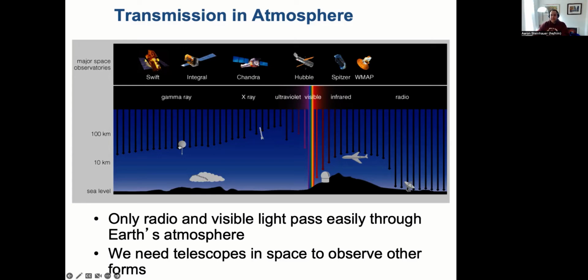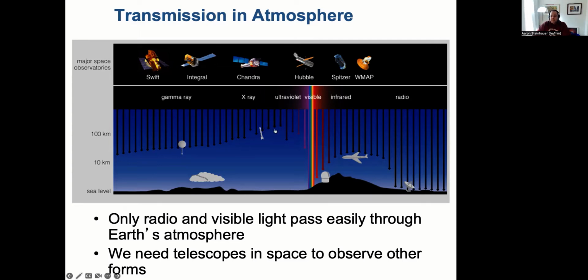We don't want to be inundated with gamma rays and X-rays from outer space in our everyday lives, because those are harmful photons. Those will cause things like cancer and mutations if they hit your cells. And so our atmosphere is protecting us from this harmful, high energy radiation.